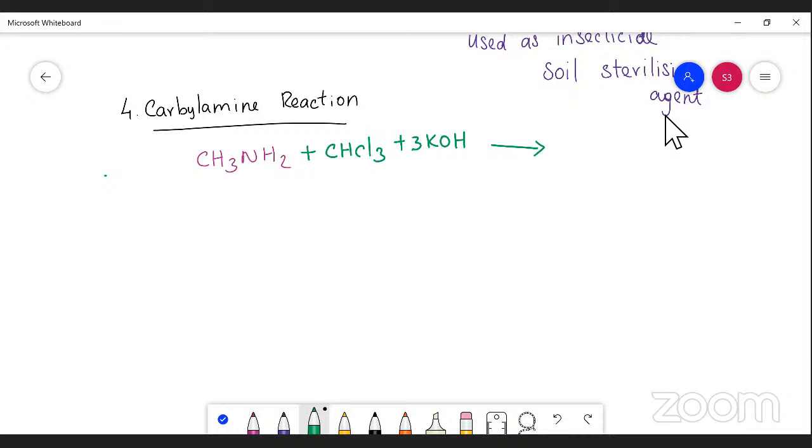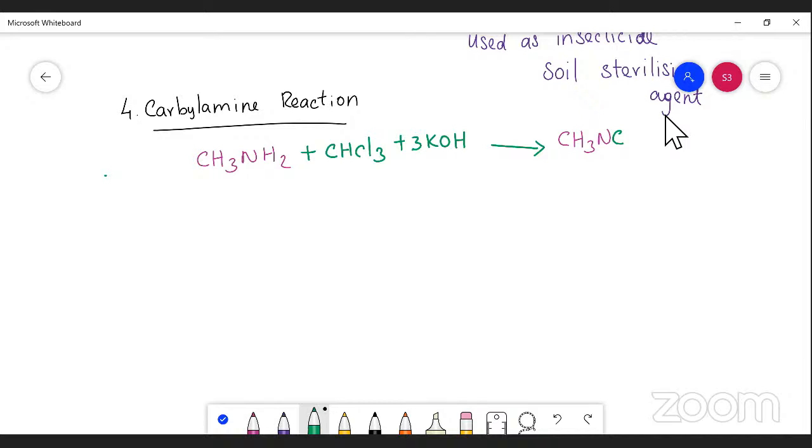The 3 hydrogens, 2 from NH2 and 1 from CH, and the 3 OH are removed together. The CH3 is not affected, and the nitrogen in the NH2 group is not affected, and the carbon from chloroform is added. So we get CH3NC, methyl isocyanide.